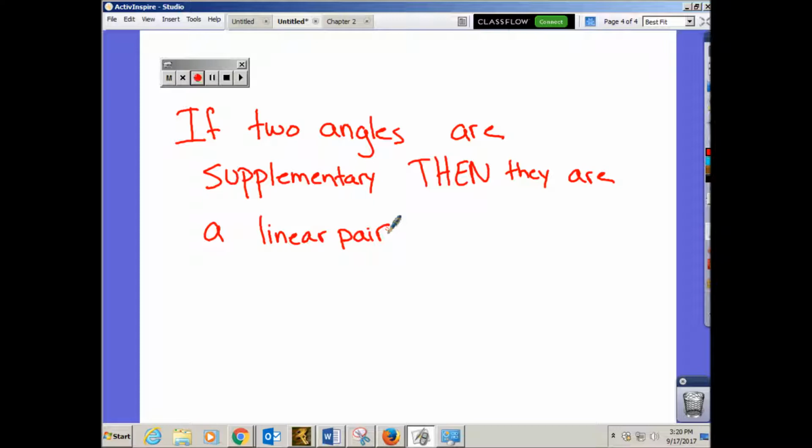Two angles that are supplementary do add up to 180 degrees, and a linear pair does add up to 180 degrees. But does this mean this is always true?